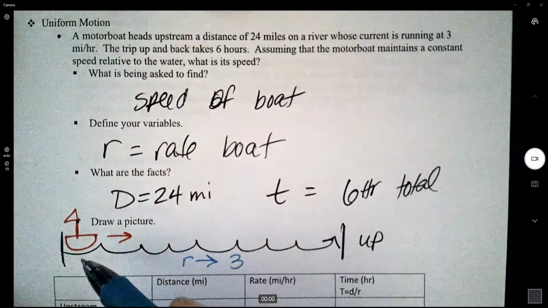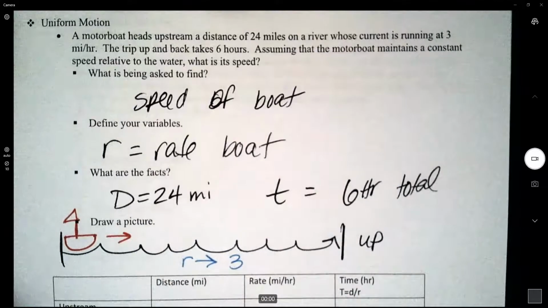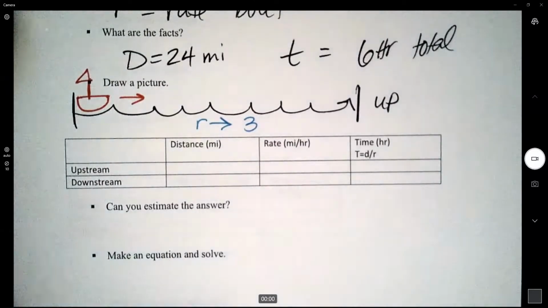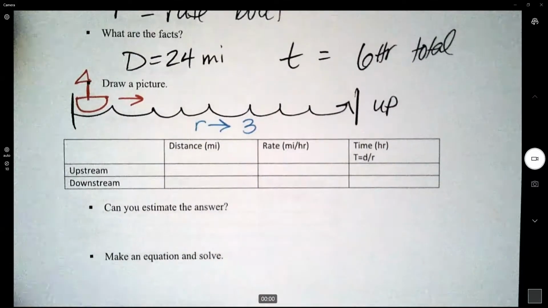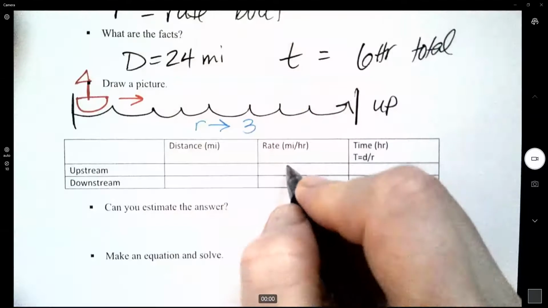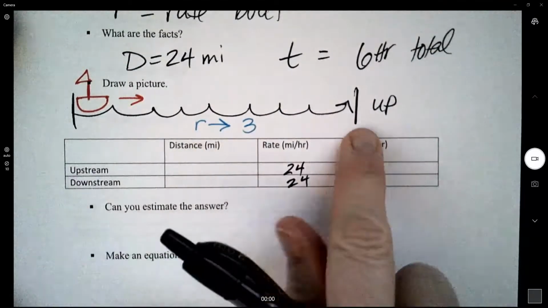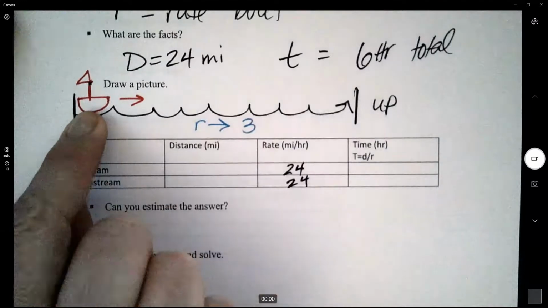So when we're going back, that's obviously going to be negative. So when I'm looking at a table and trying to put all this information together, I know that the total distance is 24 miles, regardless if you're going upstream or downstream. It's 24 miles upstream and then the same 24 miles to come back.